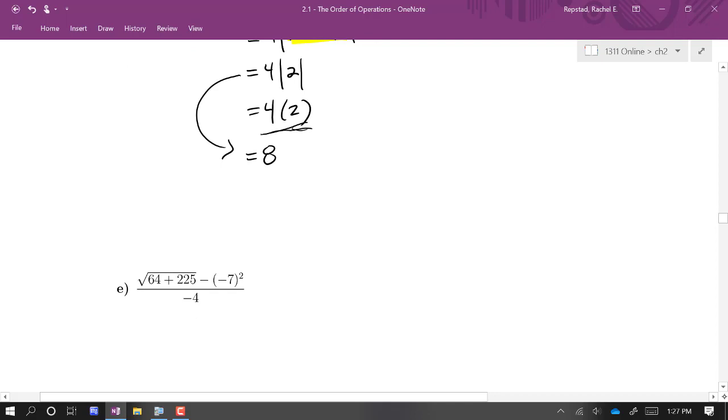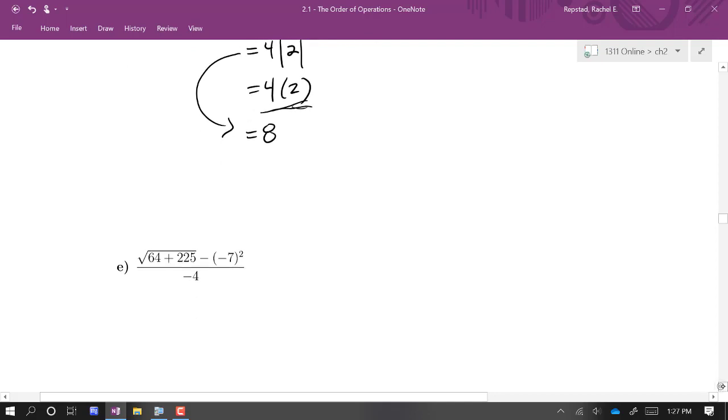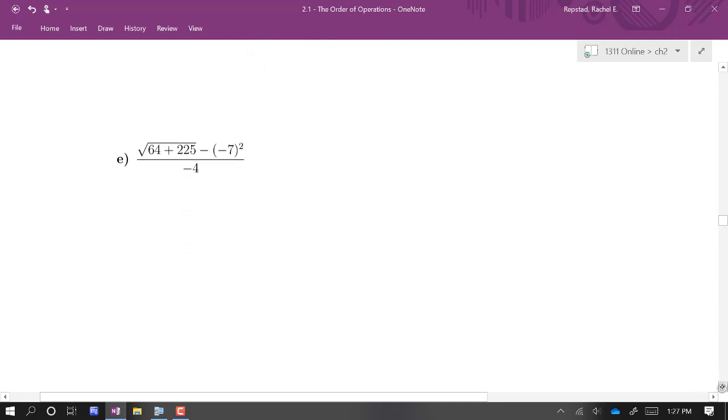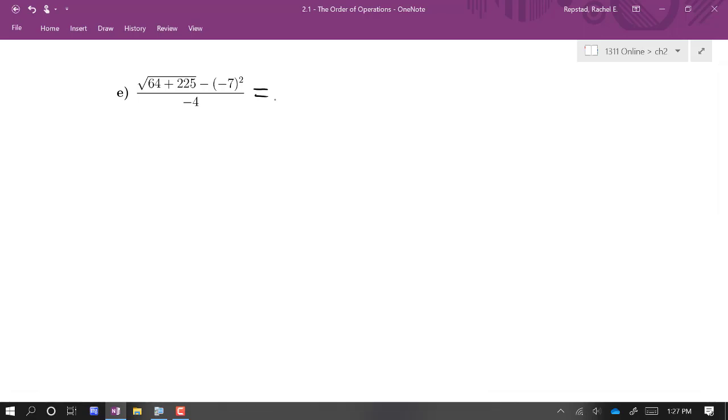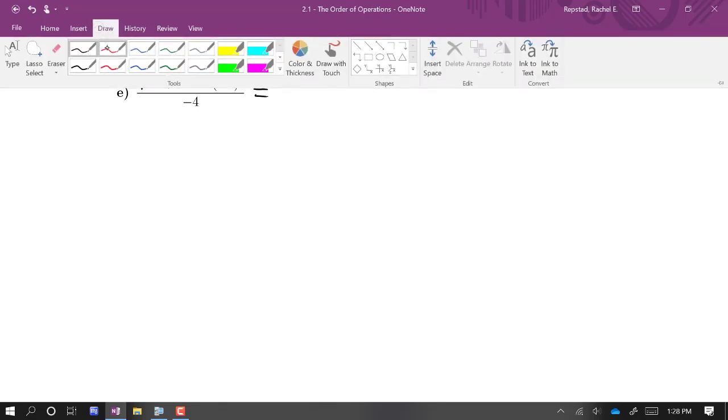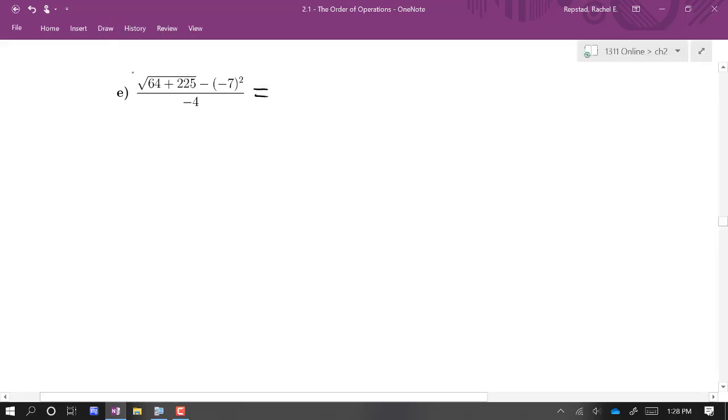Okay, one more. Now here we have some implied grouping symbols. So there are grouping symbols present in this problem that aren't really written explicitly, and I'll tell you where they are. One, I have grouping symbols up here around the top.